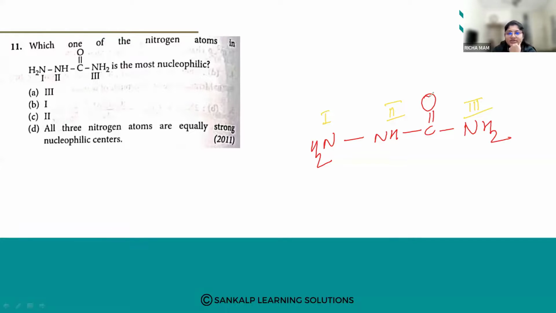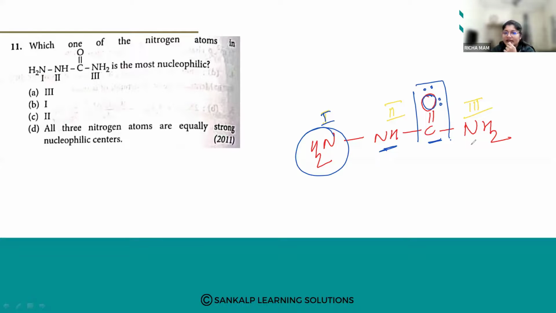Now, your oxygen is present here. When you see the oxygen, which is most nucleophilic? It is the first one that is the most nucleophilic. Why? Because it is far from this carbonyl carbon.